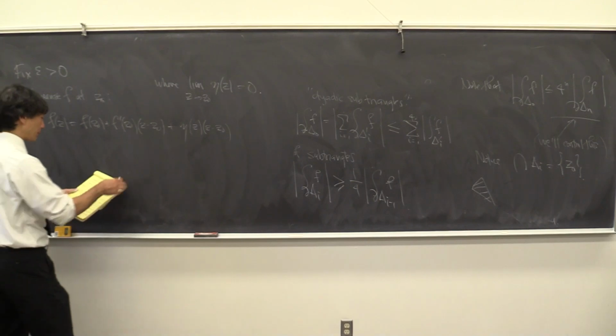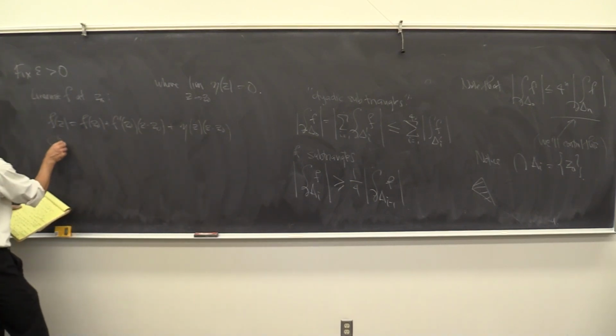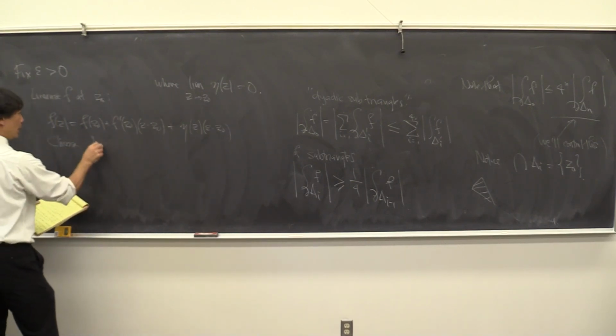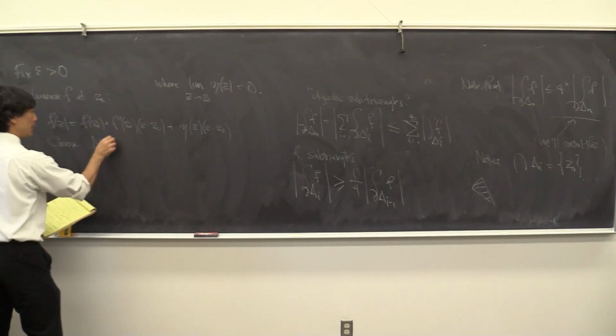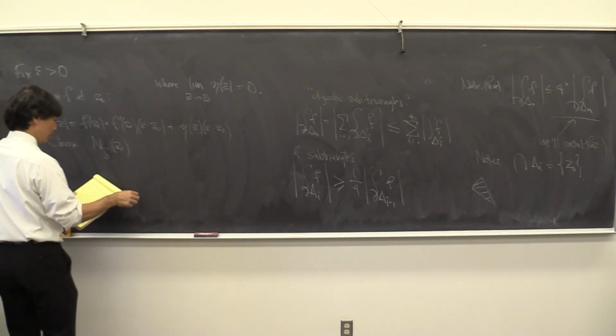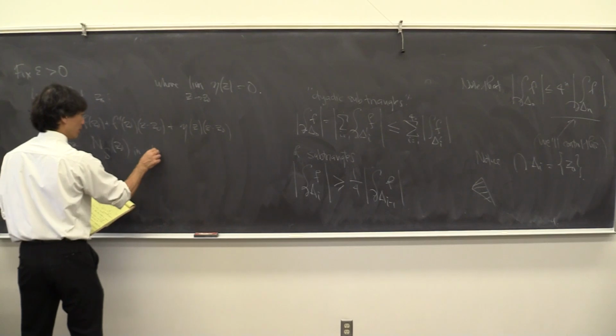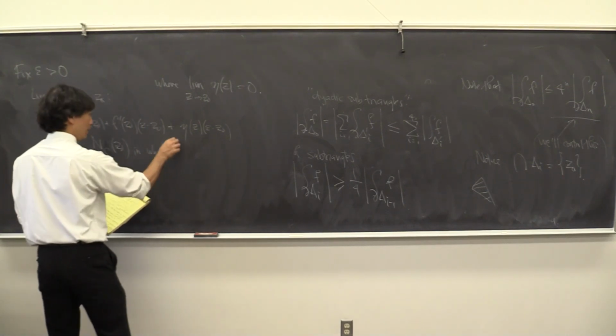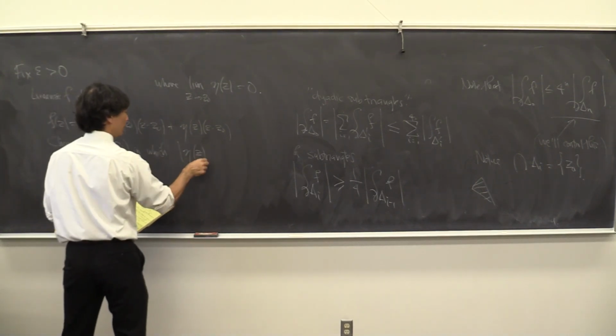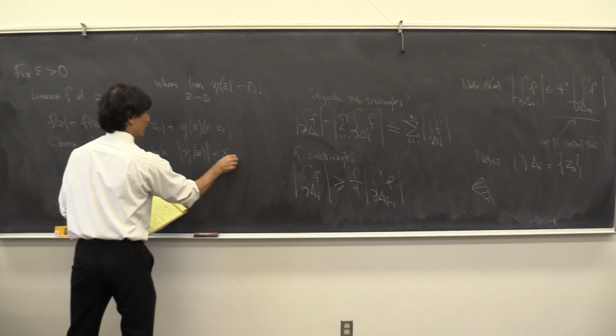Choose a neighborhood, a delta-disk around z0, in which eta is smaller than epsilon.